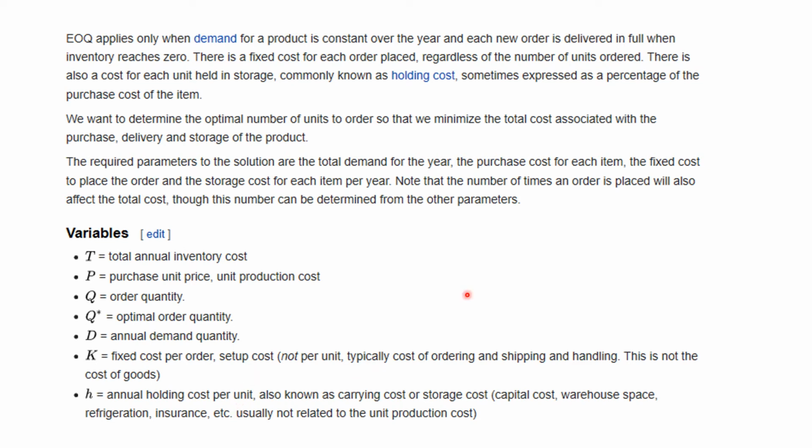And the order cost is K. I didn't talk about it up there, but that is the cost of ordering, shipping, and handling. This is not the cost of goods. And we're going to let Q be the variable that we're going to order, and we're going to then seek to find Q star, the optimal order quantity. Note that the number of times an order is placed will also affect the cost, but this number can be determined from other parameters. I'll say more about that very soon.